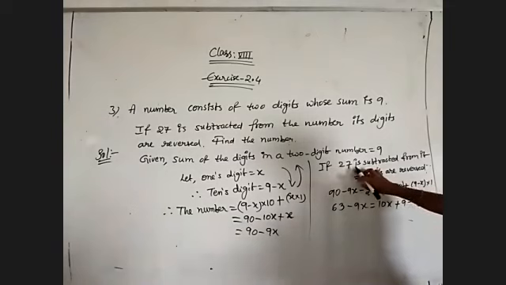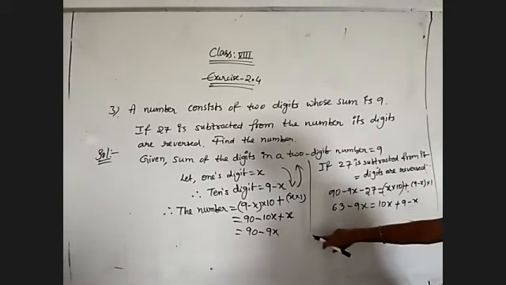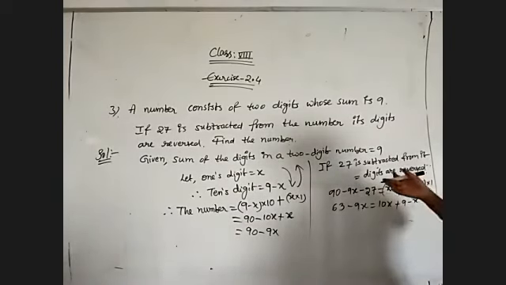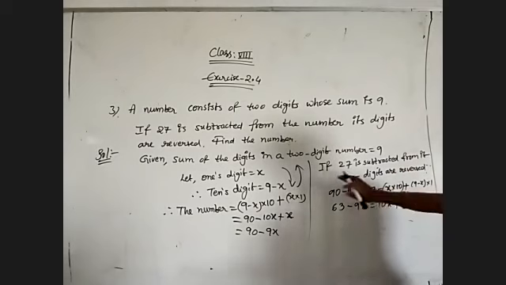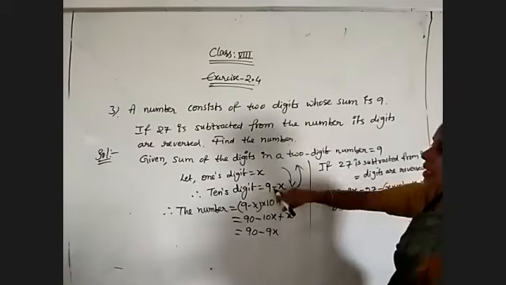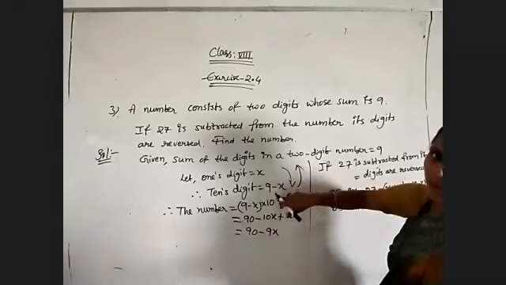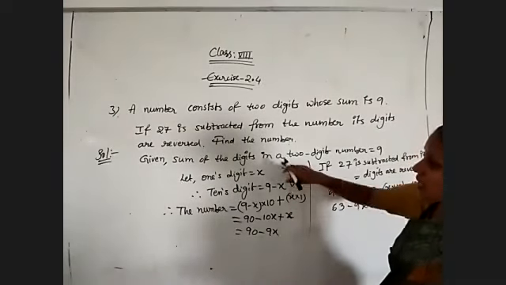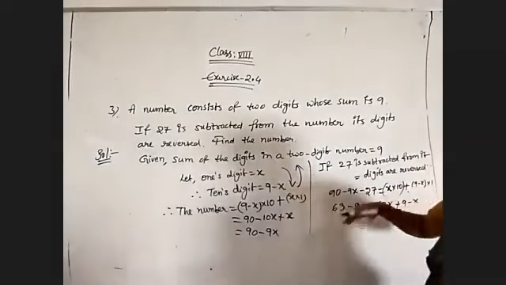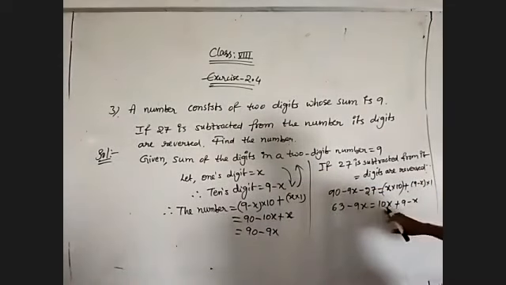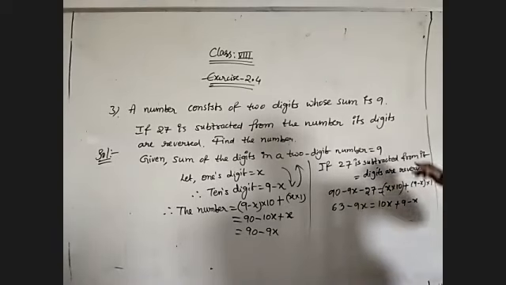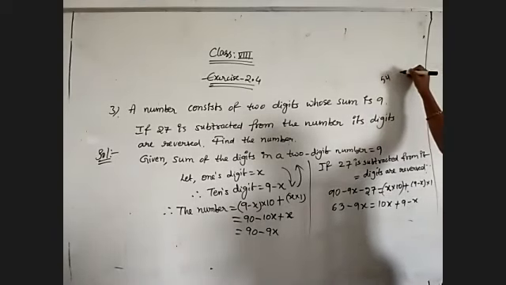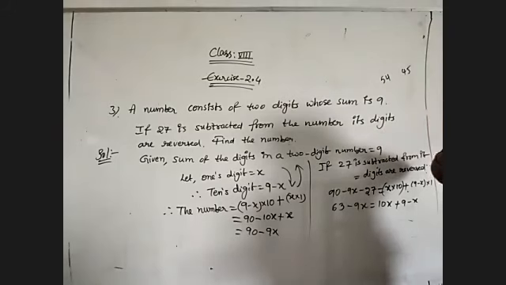They have given that when 27 is subtracted from the original number, the number's digits are reversing. That means the tens digit becomes the units digit and the units digit becomes the tens digit. x will come to this place and 9 minus x comes to the units place. So then the number is x into 10, 9 minus x into 1. 54 will become 45, when the changes are done.